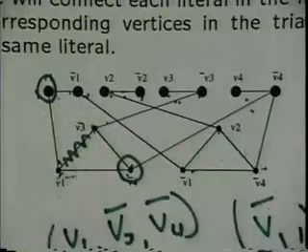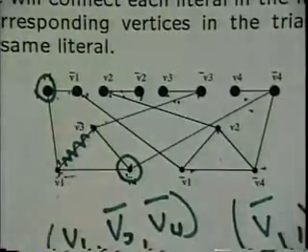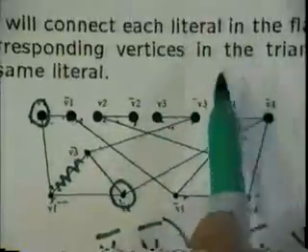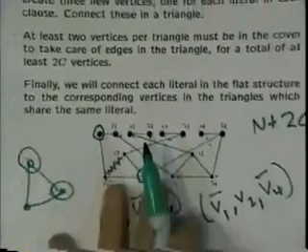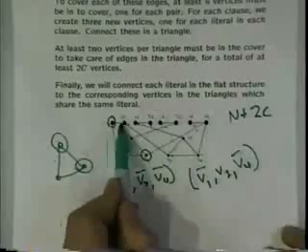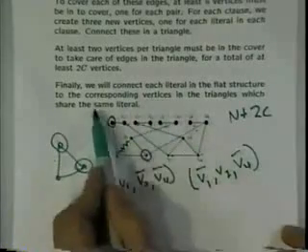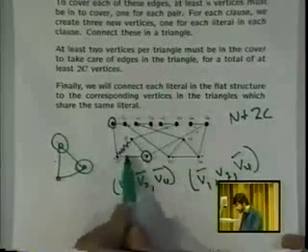I'm adding these extra edges. What are my extra edges going to be? I'm going to connect each literal, okay, let's go back down here, in the flat structures, to the correspondingly named vertices in the triangles. So what am I going to do here?